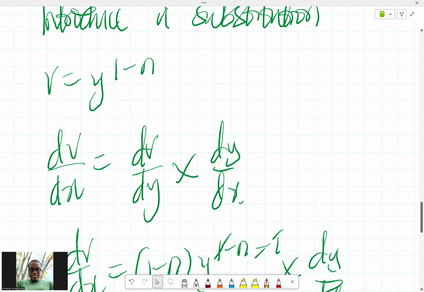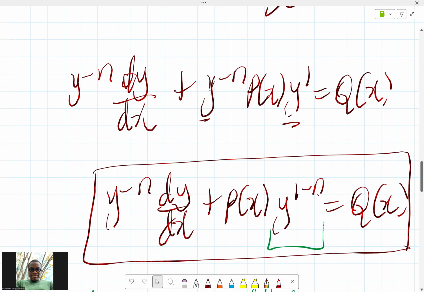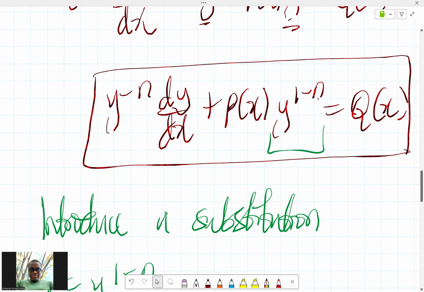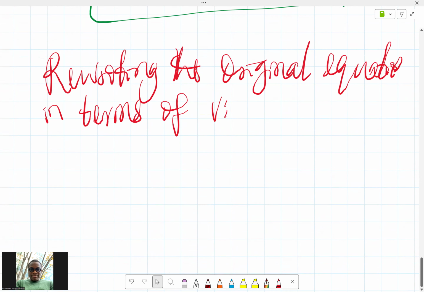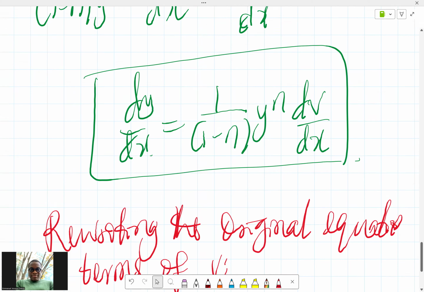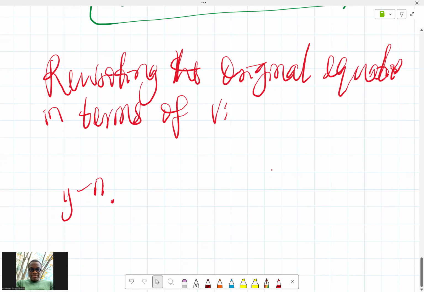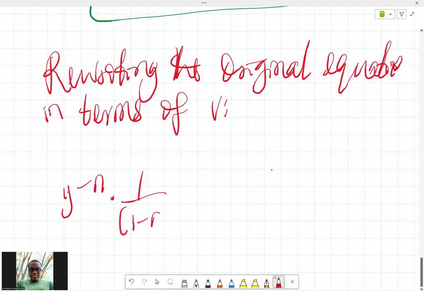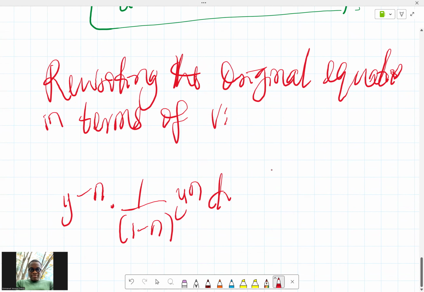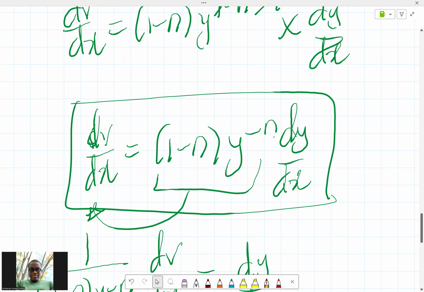Instead of dy/dx, here we have y raised to minus n times dy/dx. So this is y raised to minus n, which was there before. But now dy/dx has a new expression, which is 1 over 1 minus n, y raised to n, dv/dx. So that has replaced that dy/dx.